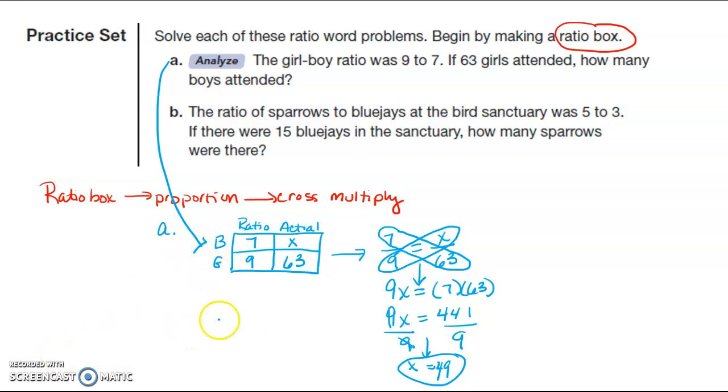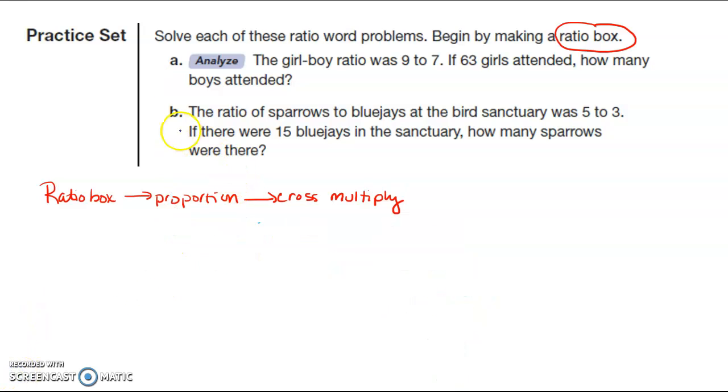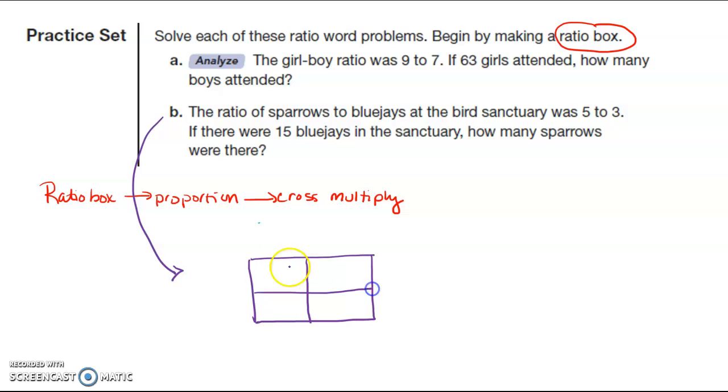I'm going to go ahead and erase this, and then I'll do B. B says the ratio of sparrows to blue jays at the bird sanctuary was 5-3. So let me do my ratio box, and that's going to have 4 parts here. I know there's going to be a ratio because it says so right there, and I know that there are going to be actual numbers as well.